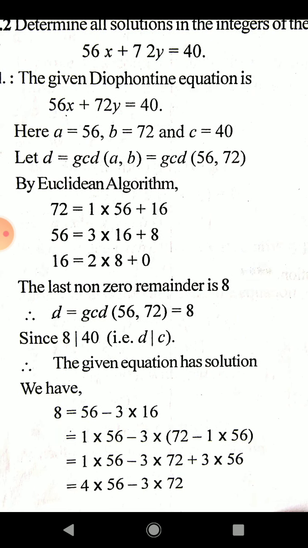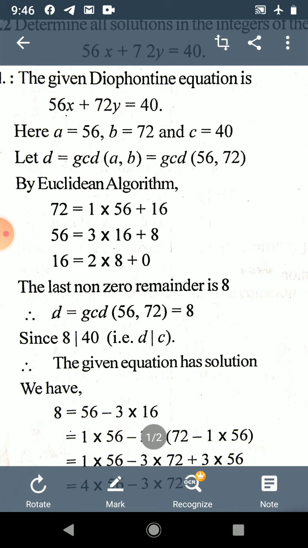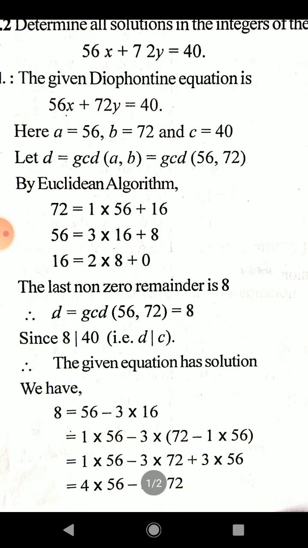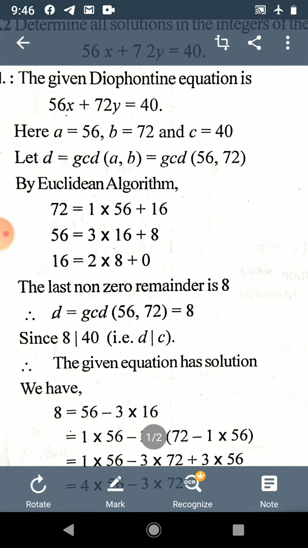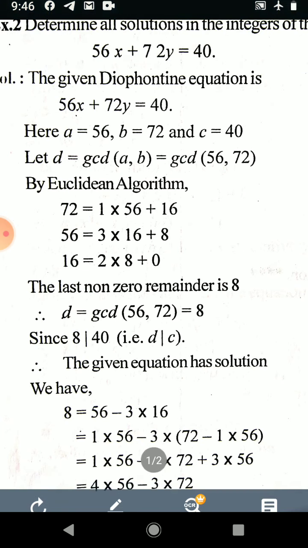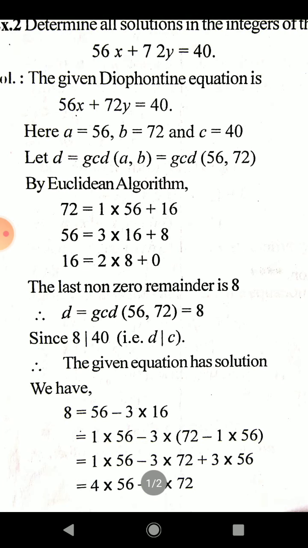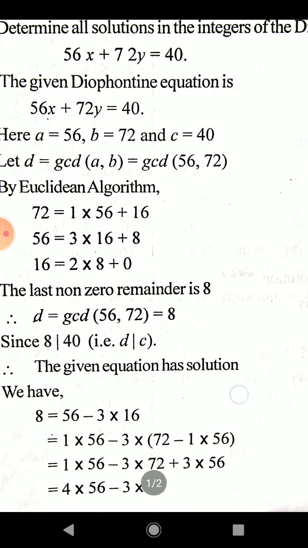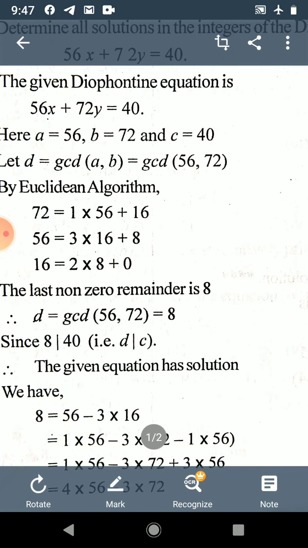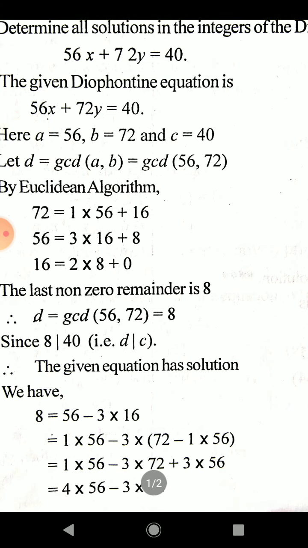For that purpose, the last non-zero remainder, here 8, can be written from this equation as 8 equal to 56 minus 3 into 16. Then this 56 can be written as 1 into 56 minus 3 into 16.